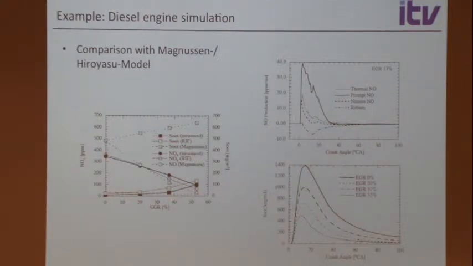And similarly also for other things. Interesting then, if you do detailed chemical kinetics, then you can also do a lot of interesting post-processing and evaluate what's going on. Two things that are interesting here.